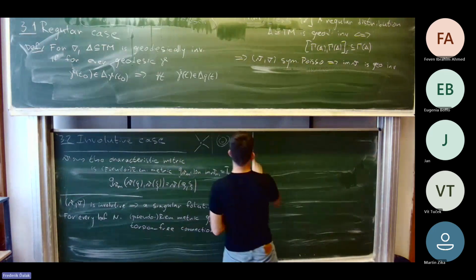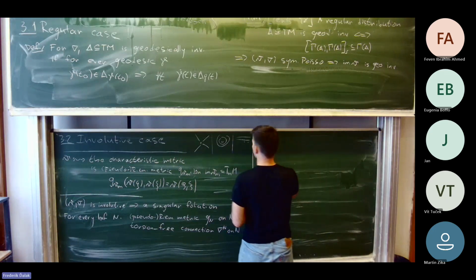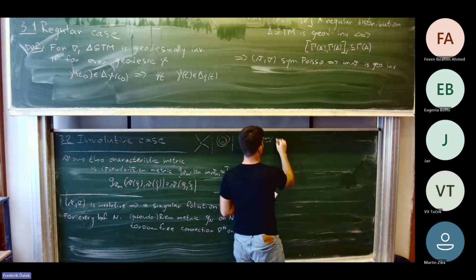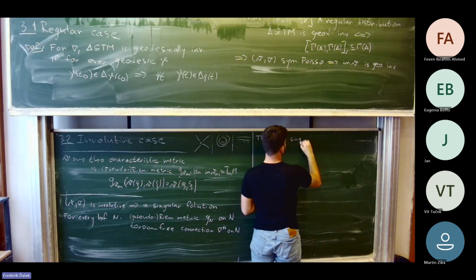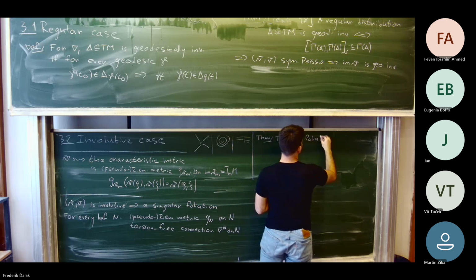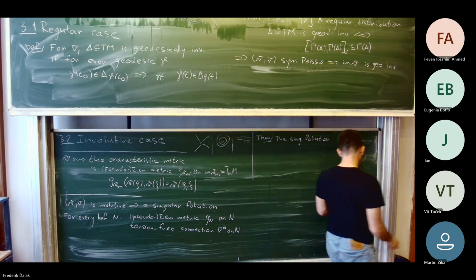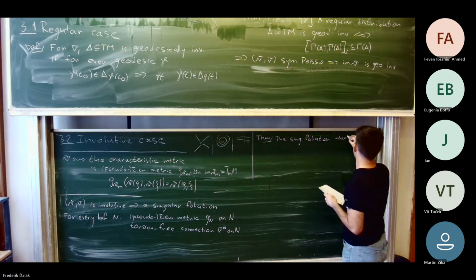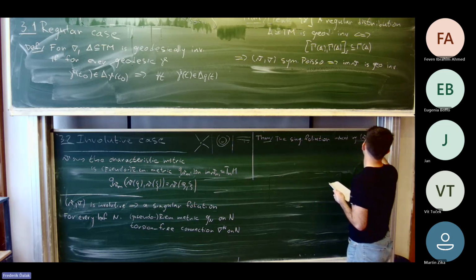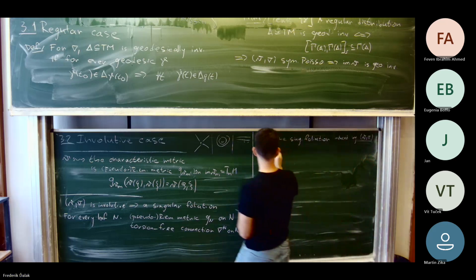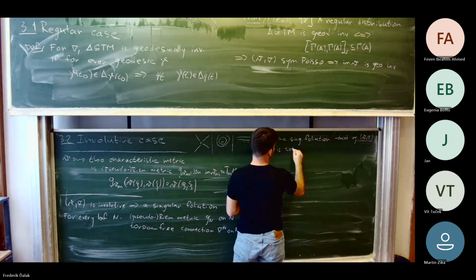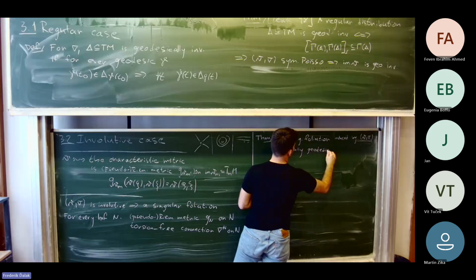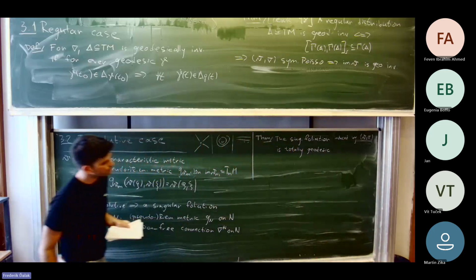Okay, and then we have a theorem which describes the relative geometry of this involutive symmetric Poisson structure. The theorem is saying that the foliation produced by the Hamiltonian vector fields of nabla is totally geodesic, which means that every leaf is a totally geodesic submanifold.